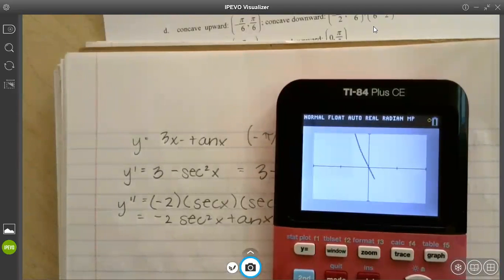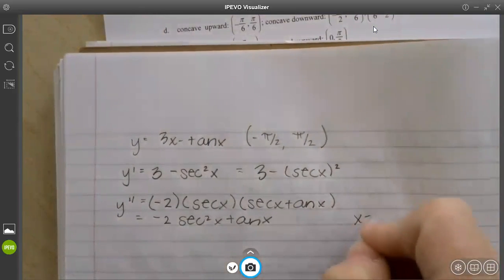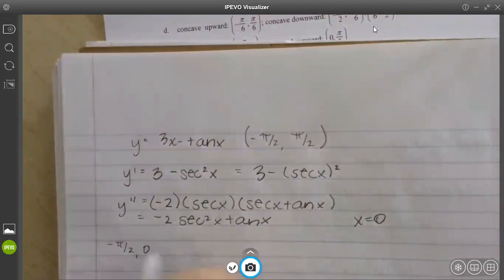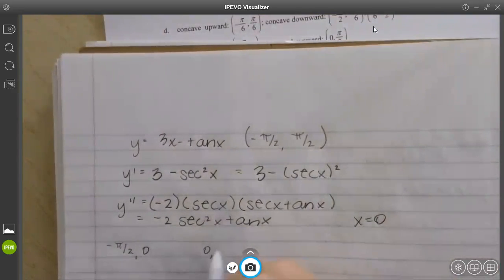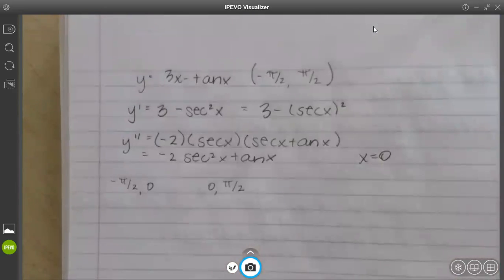What's the only place it crosses? 0. So our critical value is x equals 0. So we're going negative pi over 2 to 0, 0 to pi over 2.